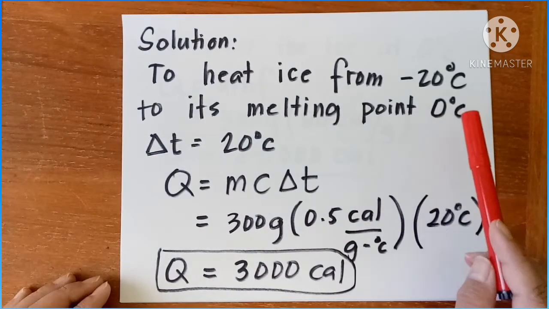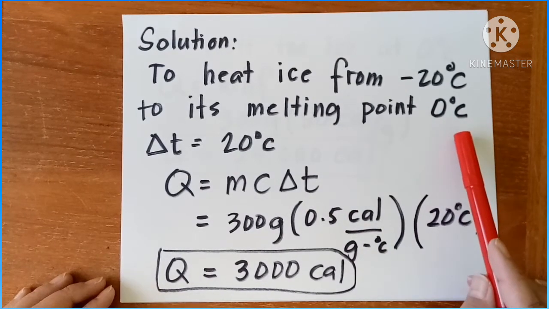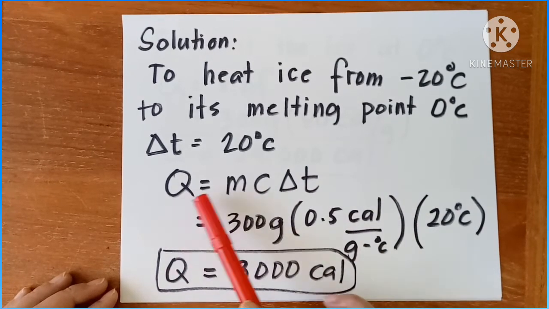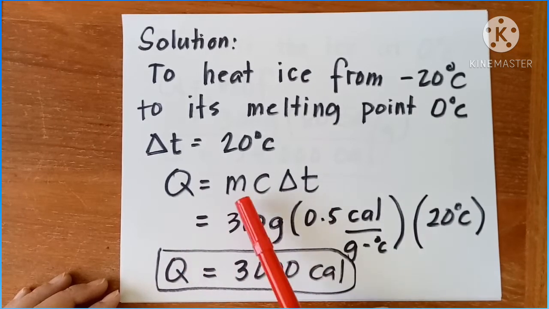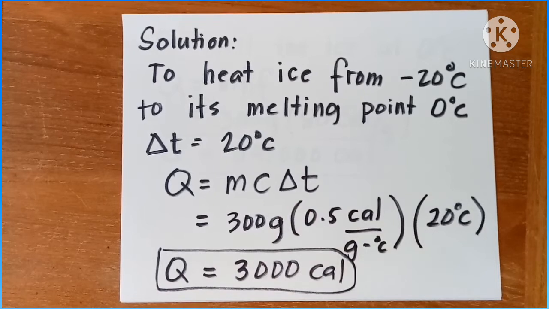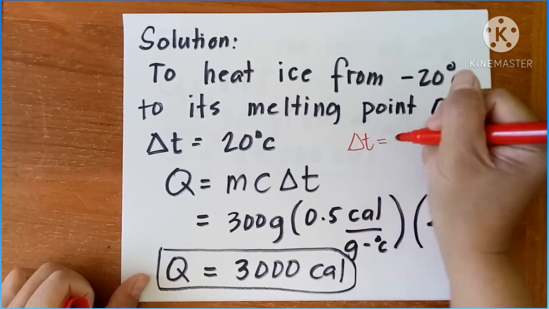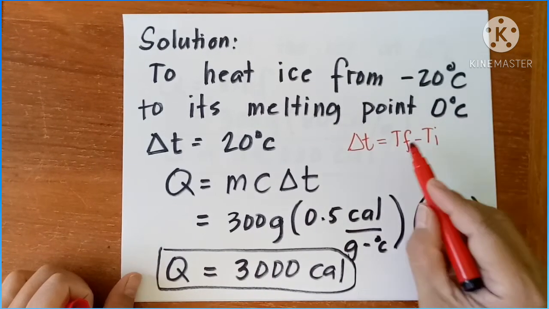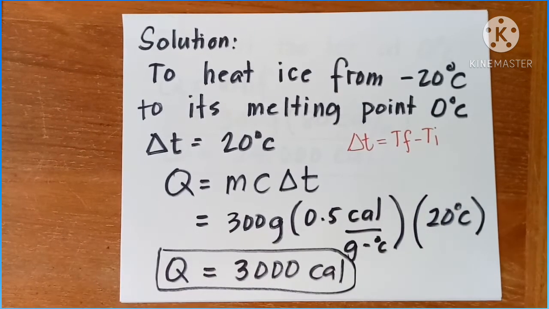So to heat ice from negative 20 degrees Celsius to its melting point 0 degrees Celsius, we need to use this formula, Q equals mc delta T, wherein Q is the heat, m is the mass, C is the specific heat, delta T is the change in temperature. Delta T is also equal to TF minus TI, wherein TF is the final temperature, TI is the initial temperature.